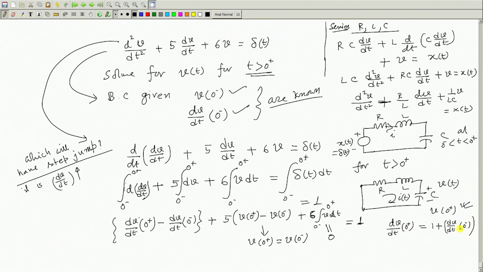How do I get this? Because V 0 plus is V 0 minus, this is 0, this is also 0. So, this term will also be 0. So, dV dt at 0 plus minus dV dt at 0 minus must be equal to 1 from this equation.